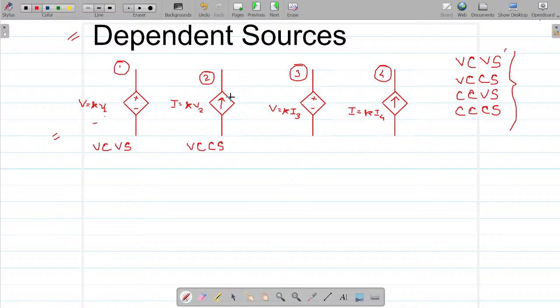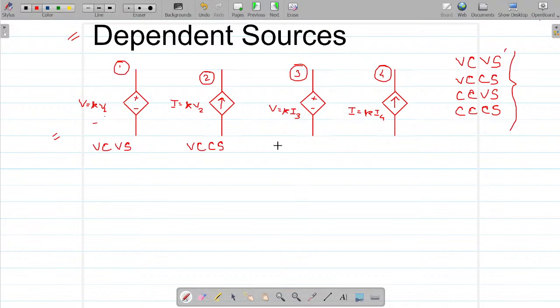And why is it voltage controlled? It is voltage controlled because this parameter, which is the controlling parameter, is a voltage parameter which governs the current in the given current source.